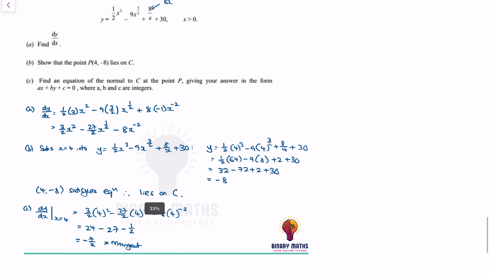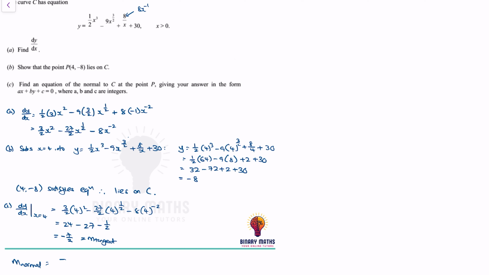Okay, if the gradient of the tangent is that, then the gradient of the normal is equal to the negative reciprocal of that, so minus 1 over negative 7 over 2, which is equal to 2 over 7.